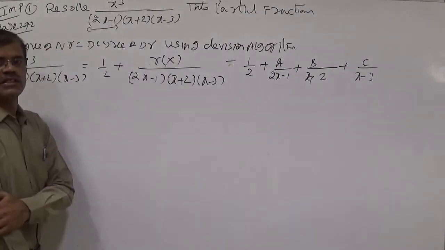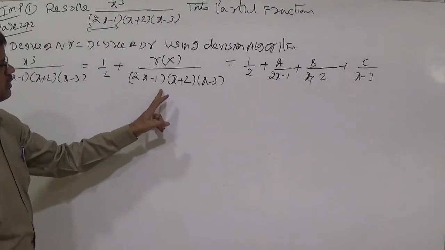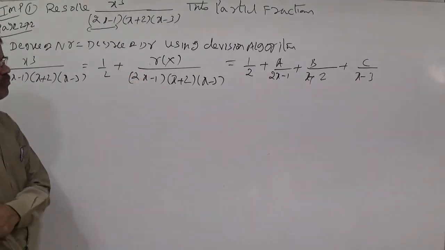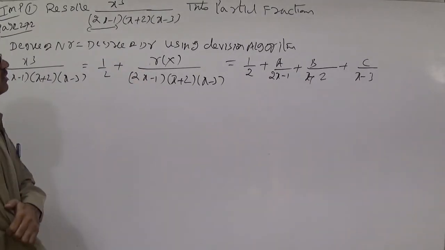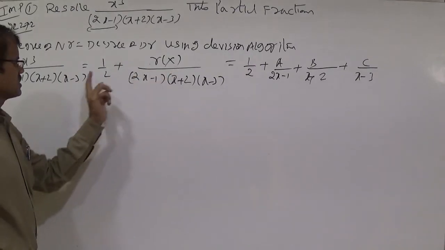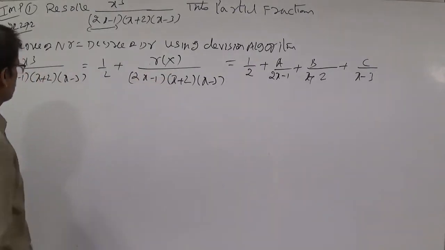If you divide it with this one full after multiplication, you will be getting the proper R of x. But without calculating R of x also, depending upon this one you can calculate.